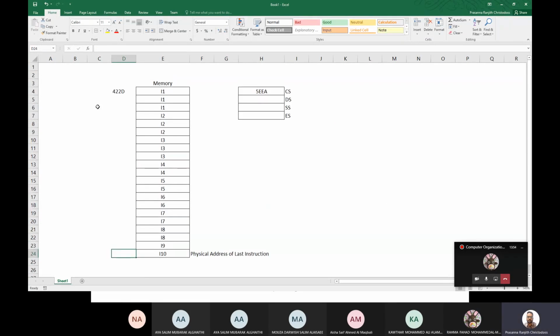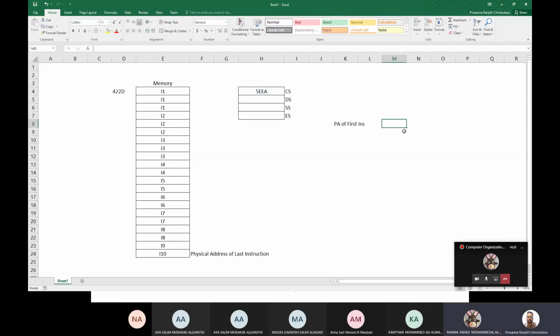Now, how do you find the physical address of the first instruction? We add the offset address with the segment. You first multiply CS by 10.